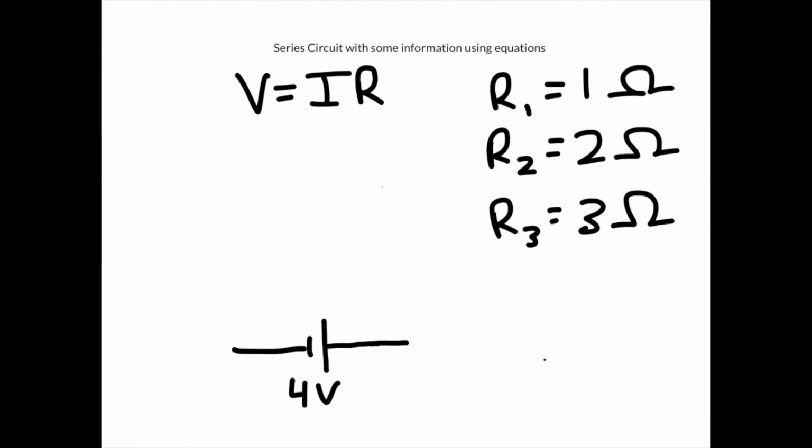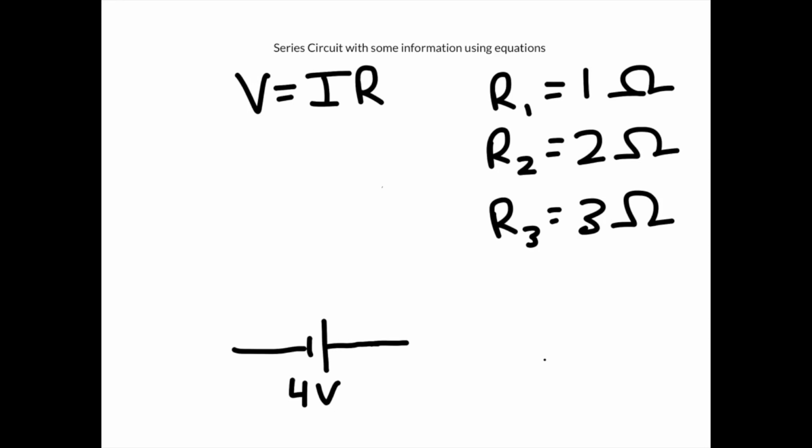So here's a question involving series circuits. Imagine that we had a series circuit with three resistors. We're going to call them R1, R2, and R3. You could imagine those being three light bulbs, or you could just imagine them being three little resistors. Either way, it works the same.